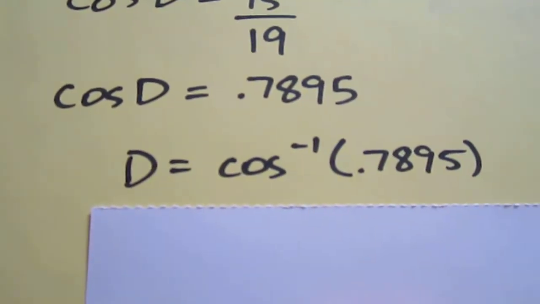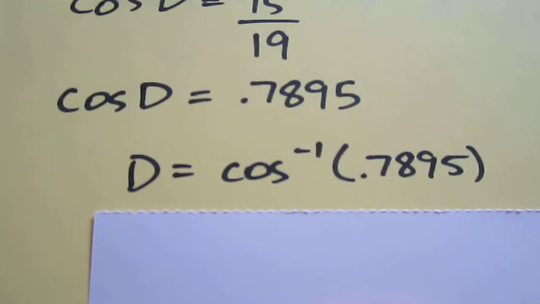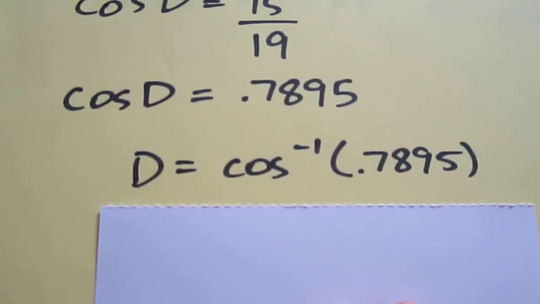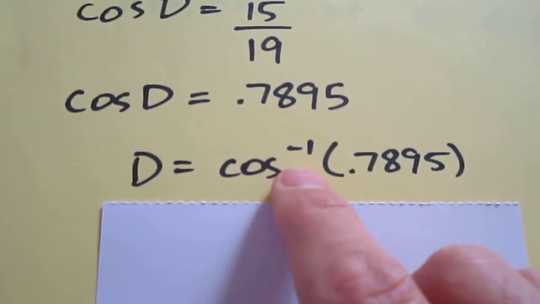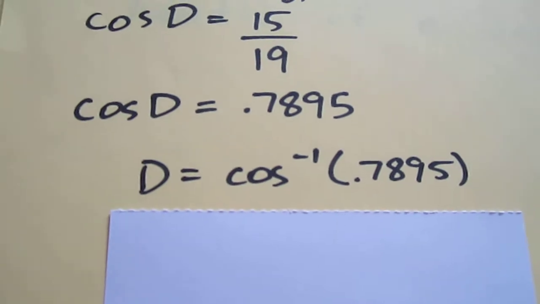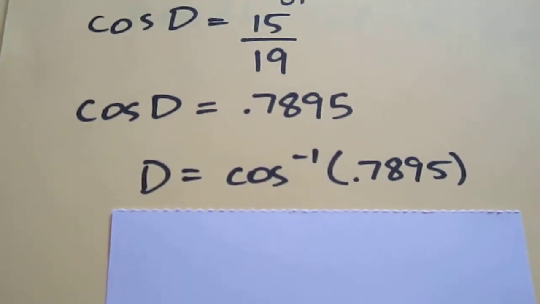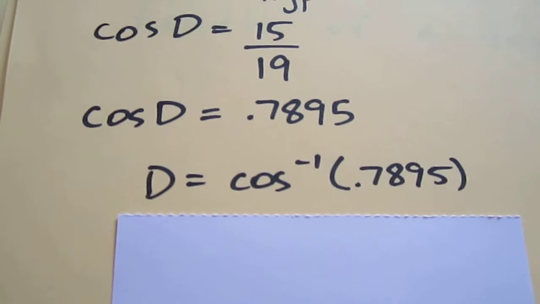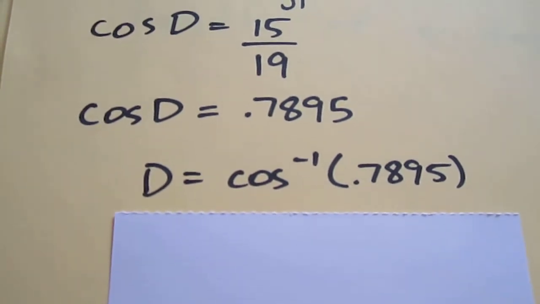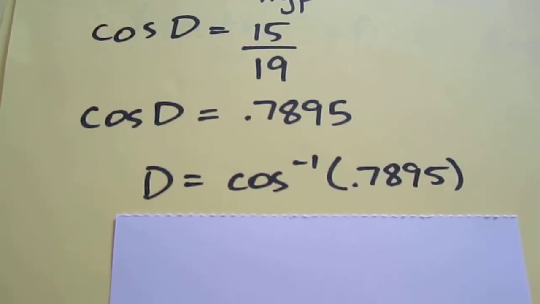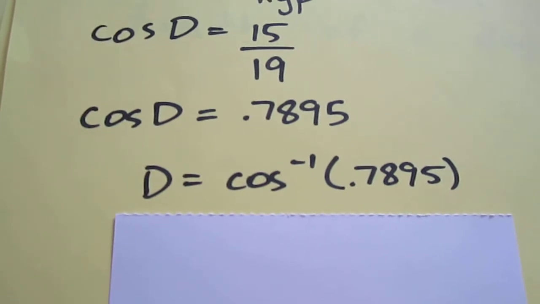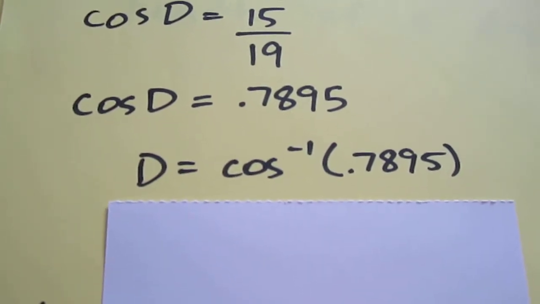So D is cos inverse 0.7895, and the inverse trig button on a calculator is often a secondary function. You'll see the second button up near the top, and then you can look for the inverse trig functions above the buttons of your calculator, so to speak.